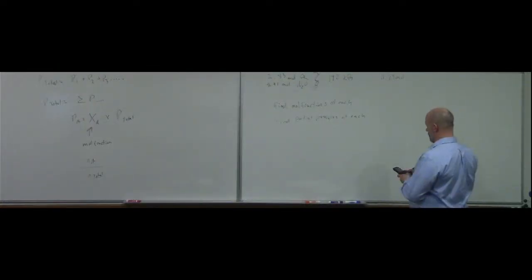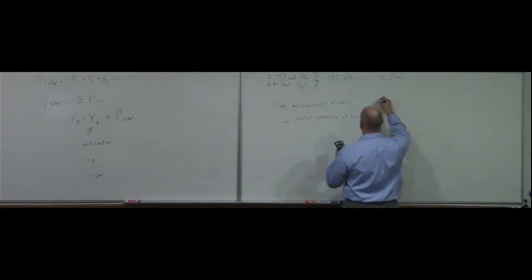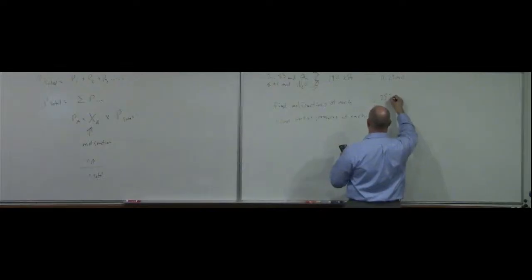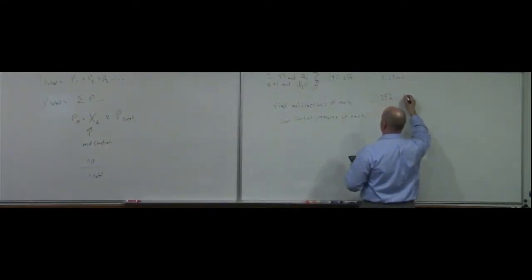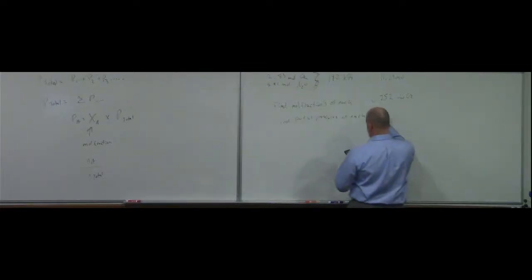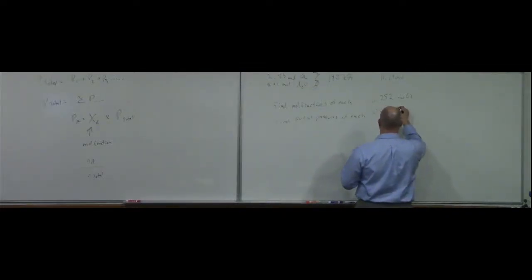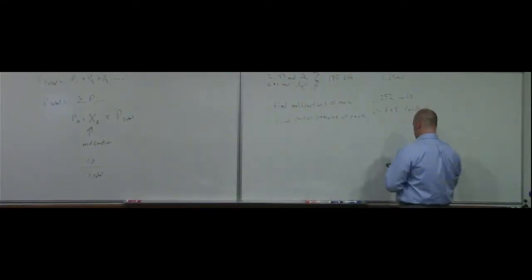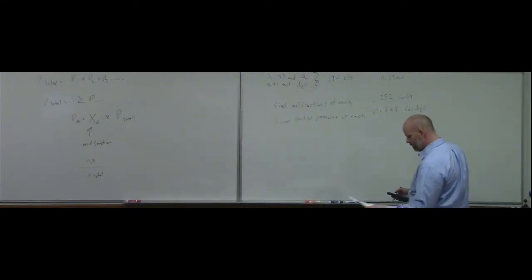Okay, so my mole fractions are 0.252 for O2, which means I should get 0.748 for N2O, right? Yes. Do they like those numbers? Good, good, good.